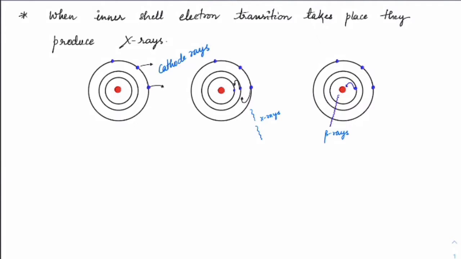Cathode rays are generated when an electron completely comes out of the atom and keeps moving with high speed. Within the electron transition, if energy is released, then those are X-rays, and beta rays always come from the nucleus. Okay.